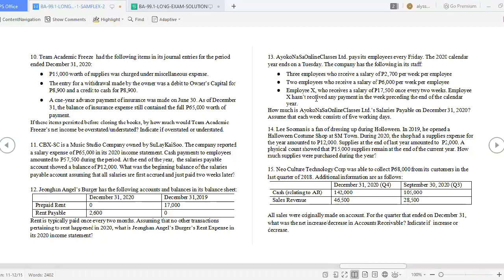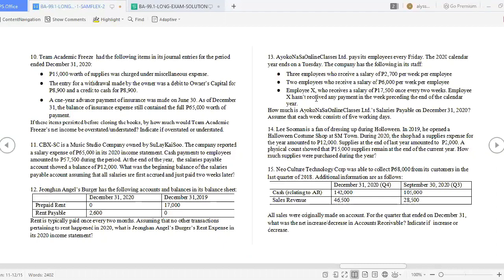What we're looking for here in number 13 is how much is the salaries payable, the salaries we weren't able to pay the employees since we pay it every Friday. So we have to accrue it and pay it on the first Friday of the next calendar year. So the first one, 2,700 per week per employee.